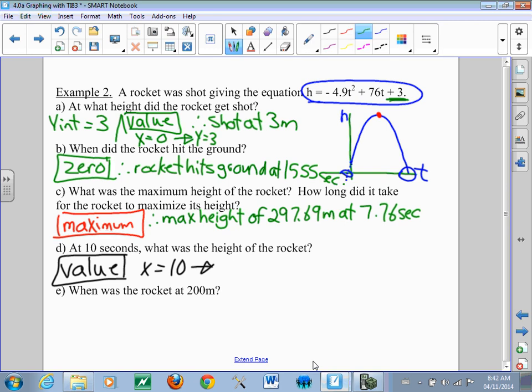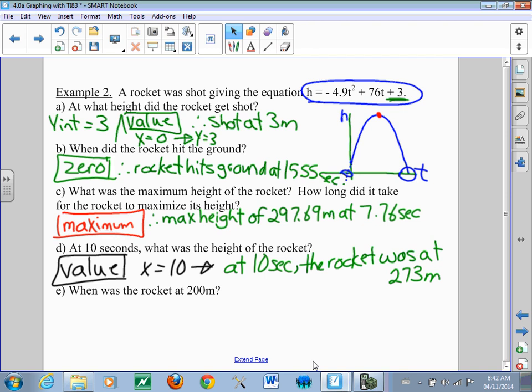So we will say at 10 seconds, the rocket was at 273 meters.